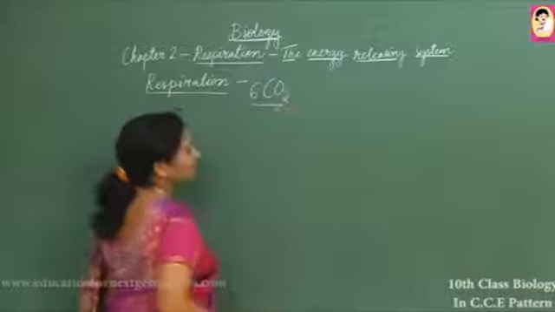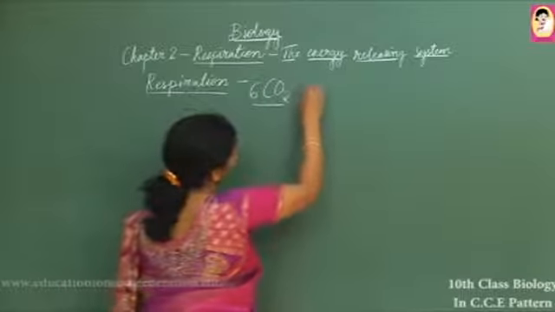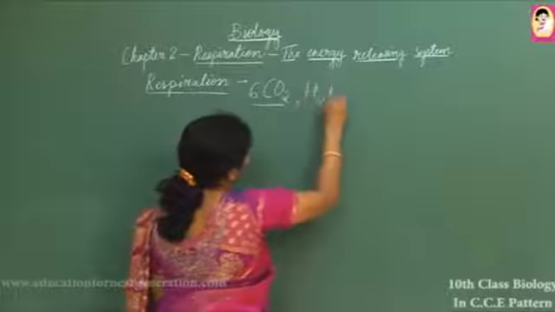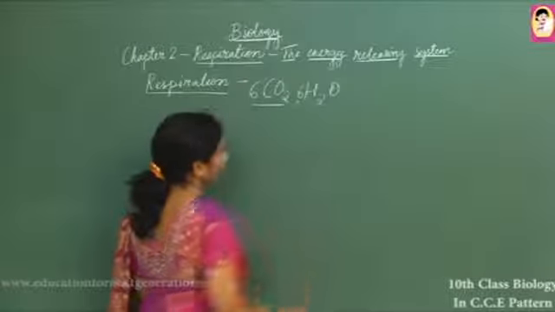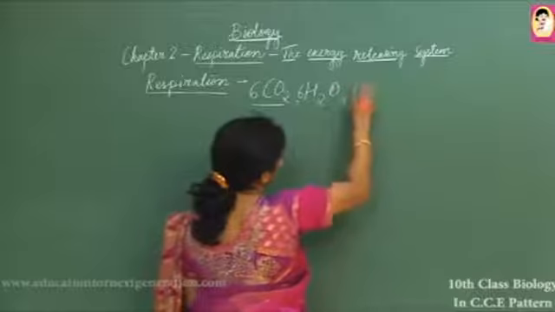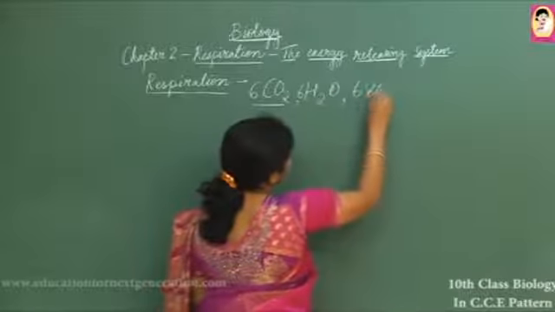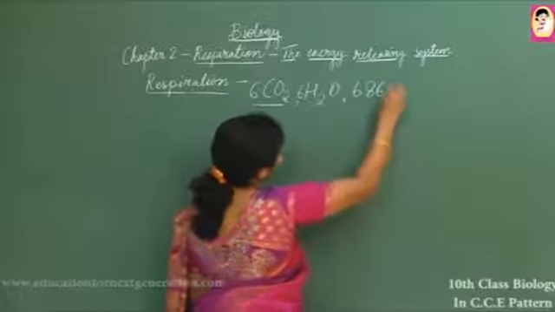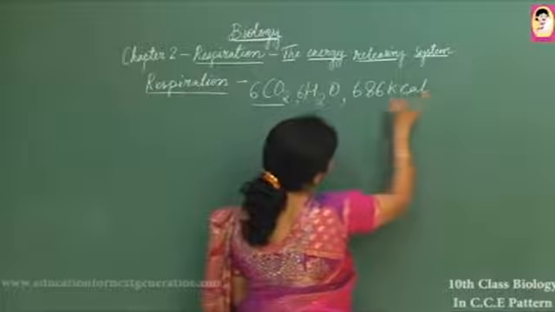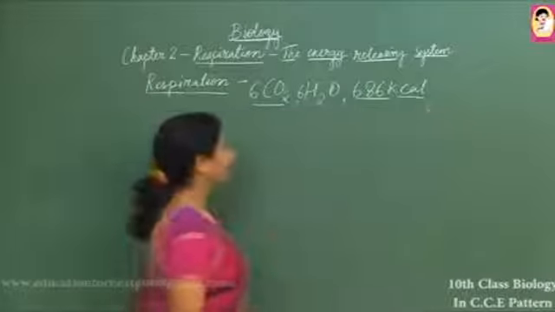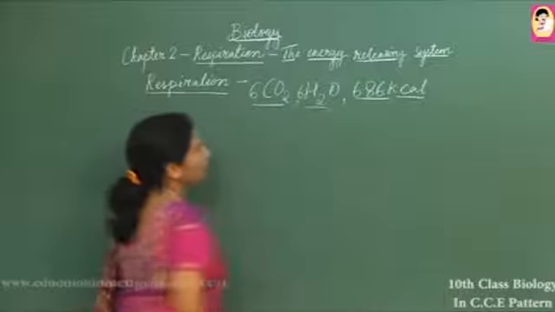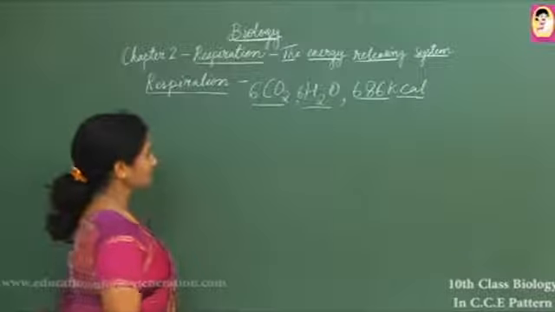Here 6CO2 will be the end product, water is the end product, and 686 kilocalorie energy is released. These are the end products of the respiration process.